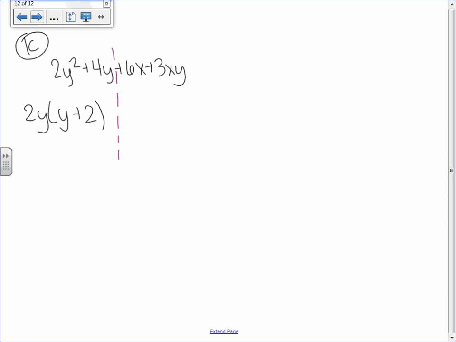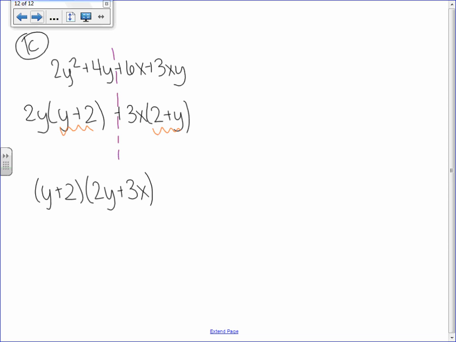And on the right side, I have a GCF of 3x, and I'm going to be left with 2 plus y. Okay, and these are the same thing. Remember, addition is commutative. So I've got a GCF of y plus 2, or 2 plus y, it doesn't matter. And then I'm left with 2y plus 3x. And that is your final answer because neither of those factor anymore.